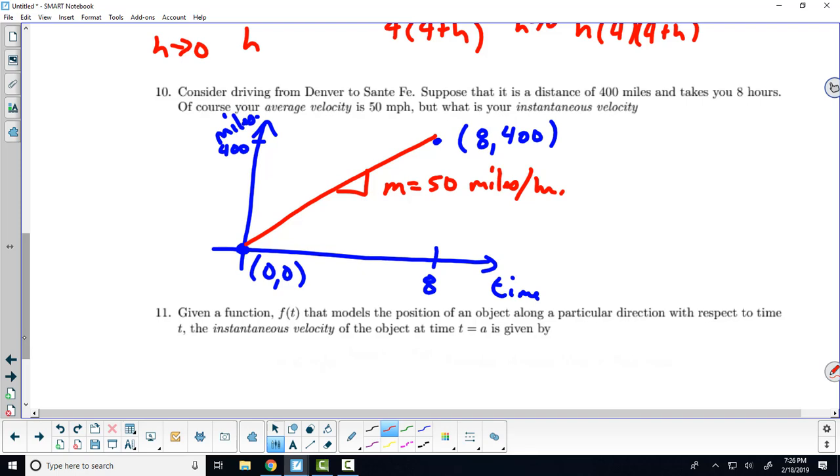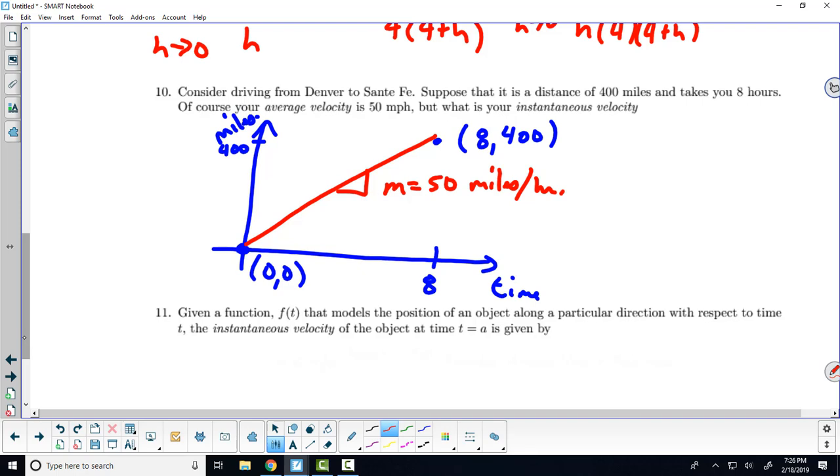As a reminder, though, we're not interested in that answer. That was an Algebra 1 question. The example I give is that when you pull out of the parking lot right there, you're not going 50 miles per hour, hopefully. And when you go through the stoplight, when it's red, you're not going 50 miles per hour.